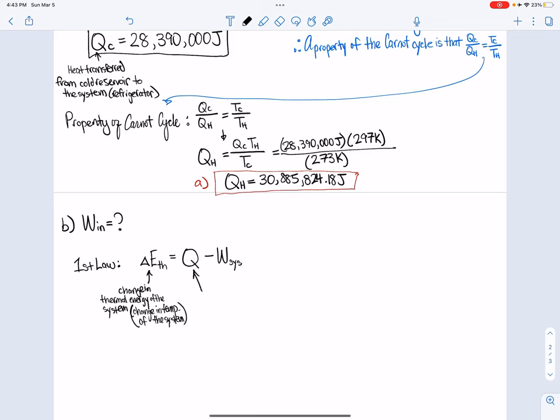This is our total or net heat transferred. Net just means total, right? Total heat transferred into the system. And this is work done by the system.